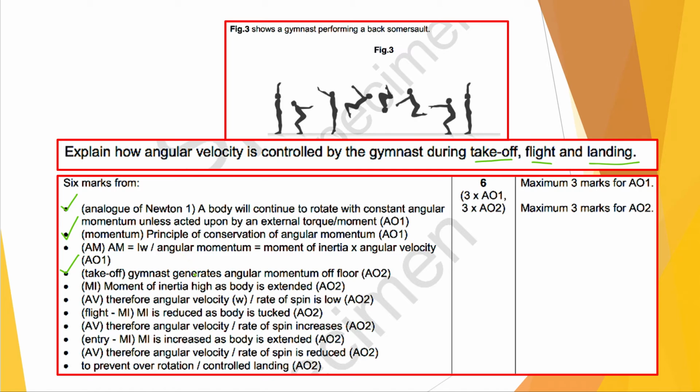And then we would have been able to get in this relationship between moment of inertia and angular velocity. So at takeoff, moment of inertia is high because the body is extended. And because moment of inertia times angular velocity equals angular momentum, and angular momentum is a conserved quantity, if moment of inertia is high, then angular velocity must be low.